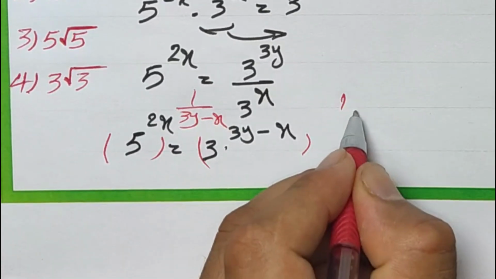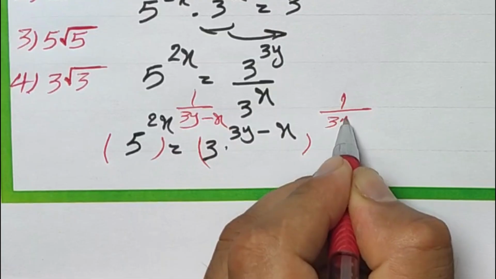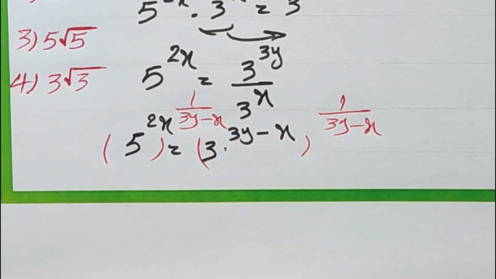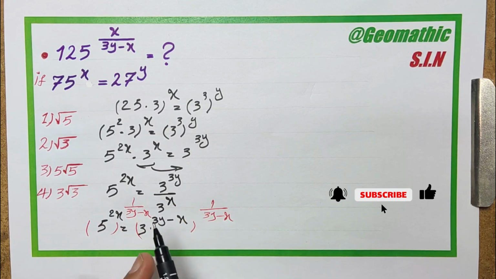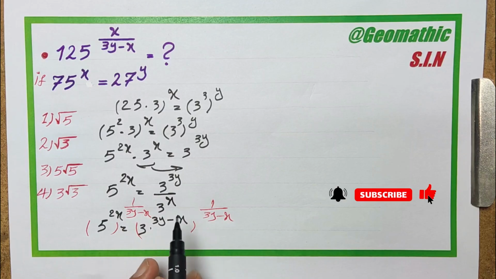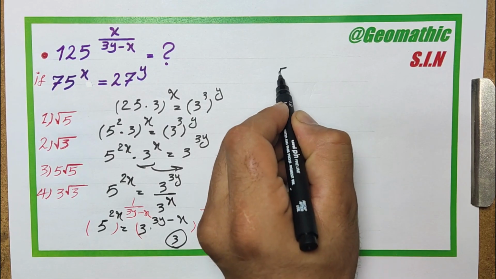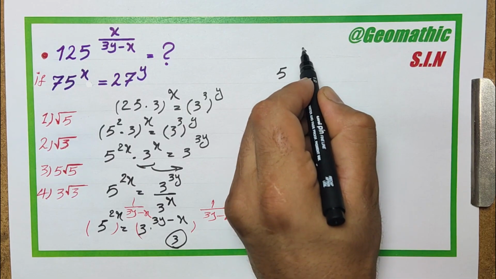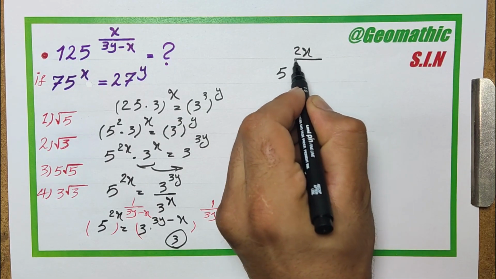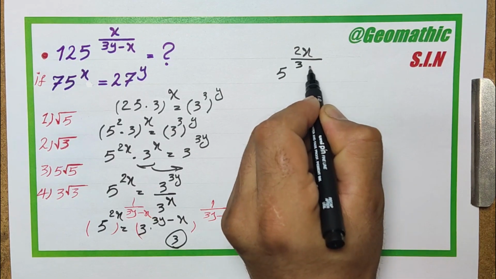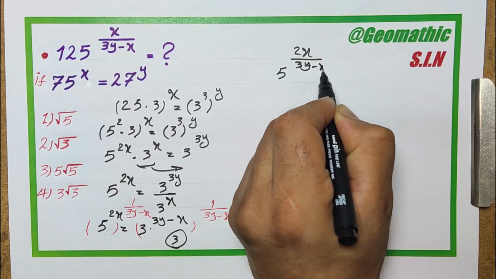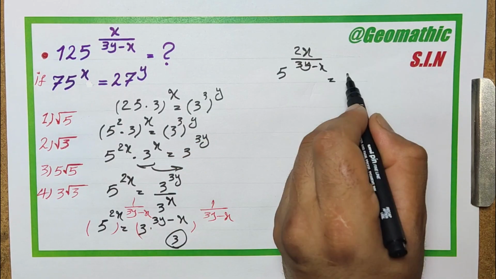On the right side, the exponents cancel each other out, leaving us with 3. So we have 5 to the power of 2x over 3y minus x equals 3.